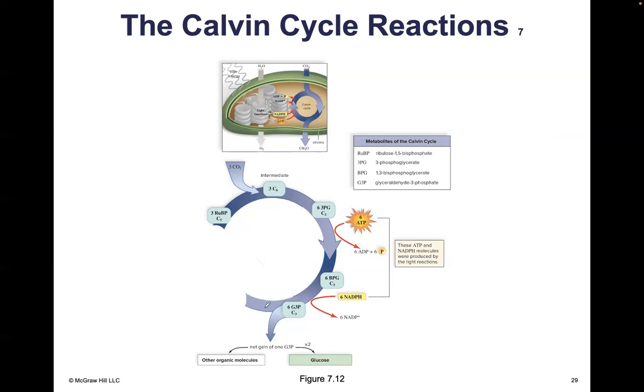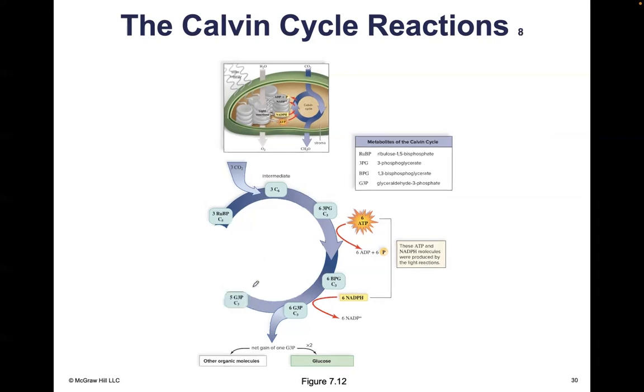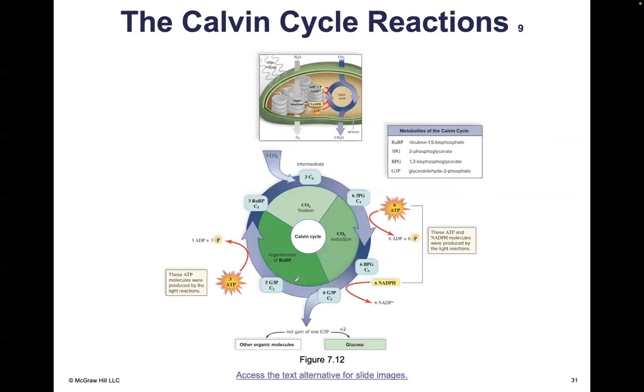Then after that process, it returns back to the 5 G3P, which is at the beginning of the reaction. In this case, the 3 ATP which we produced in the light reaction are also used in this process to produce 3 ADP plus 3 phosphate.